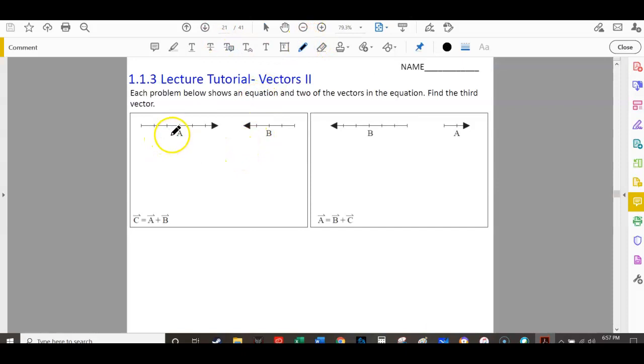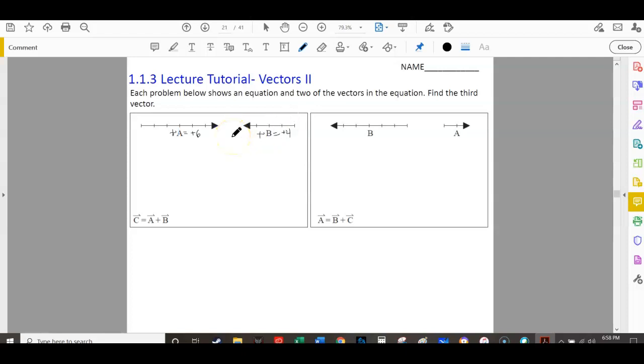So this is positive A, which is 6 units in that direction. Positive B is shown to be to the left, and that will be 4 to the left. Here you're just supposed to add these two things together.